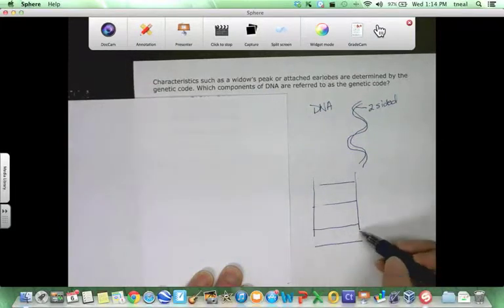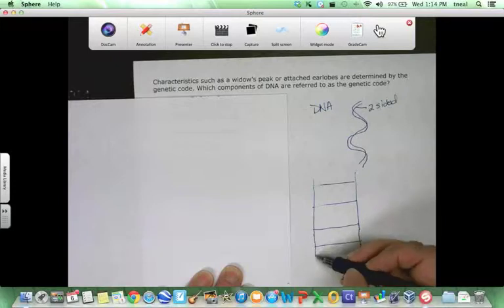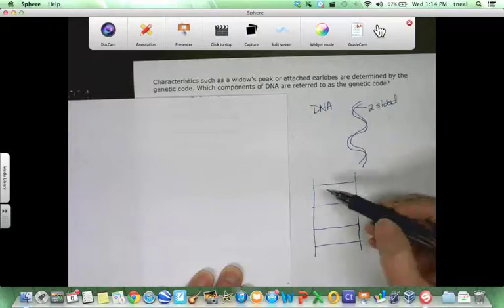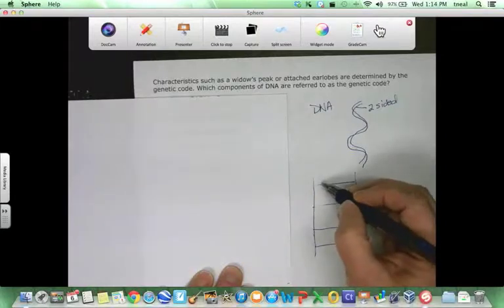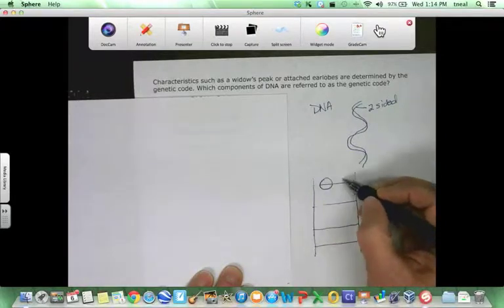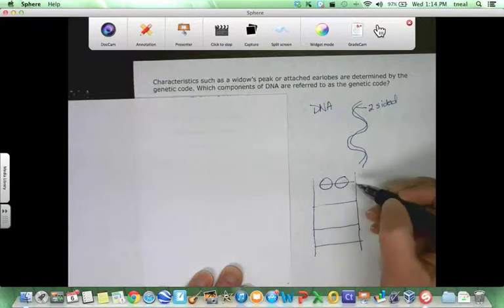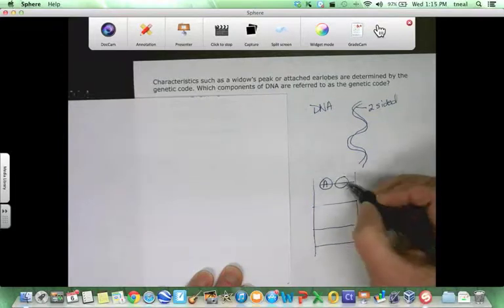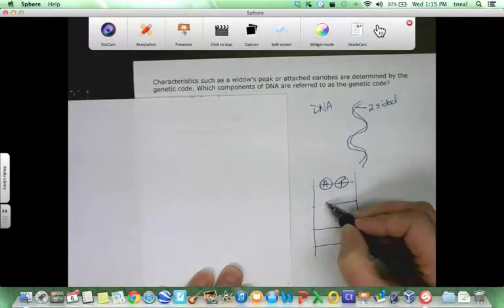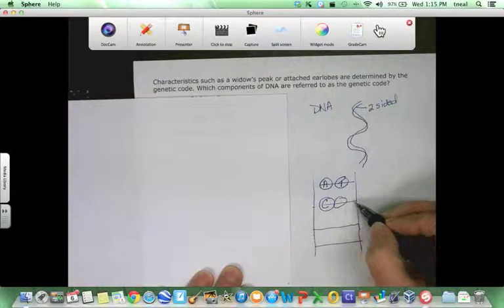So DNA, if it's kind of like a ladder, then what we have to try to remember is what's on the sides. And I remember that there are things here in the middle that are attached to each other. And those were the nitrogenous bases. Do you remember adenine, thymine, cytosine, guanine? They're paired up together.